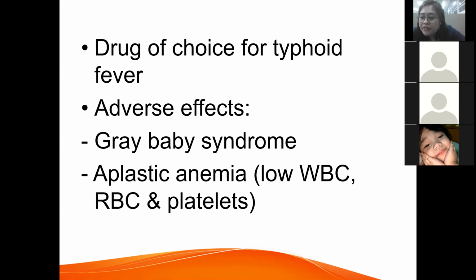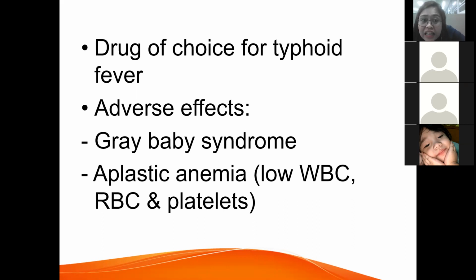What's the causative agent of typhoid fever? Salmonella typhi. So, drug of choice ni siya dati. Pero nowadays, please take note that our drug of choice for typhoid fever is the third generation cephalosporin. Most likely ang ginagamit ay ceftriaxone.